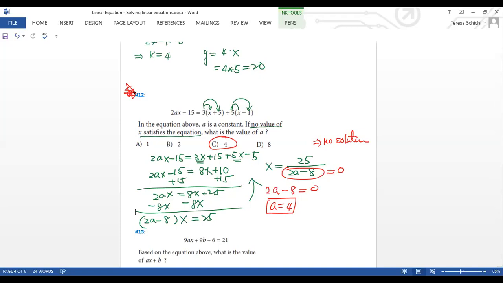For the one with no solutions, when you try to solve for x, what happens here? Your denominator becomes 0. That's the only case, right? When the denominator becomes 0, then you're going to have no solutions. So this is a very, very important part here. So it's number 12. You might mark it so you can go back to review, and you will remember how to do it when they ask for no solution or an infinite number of solutions.